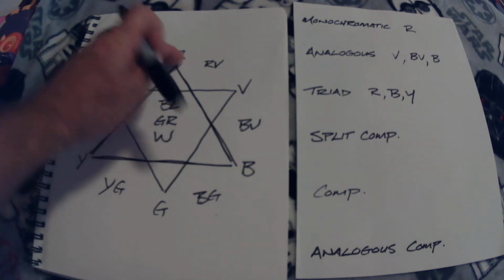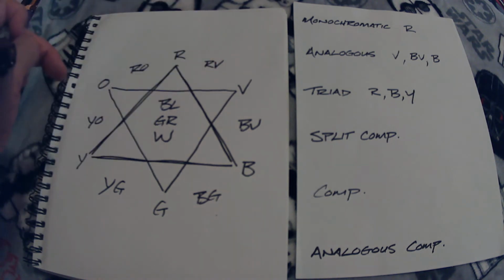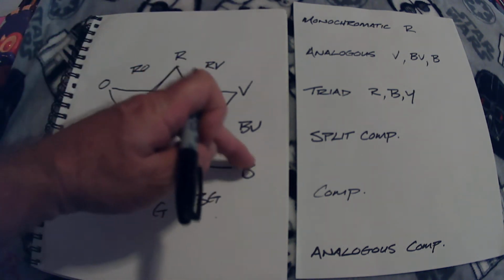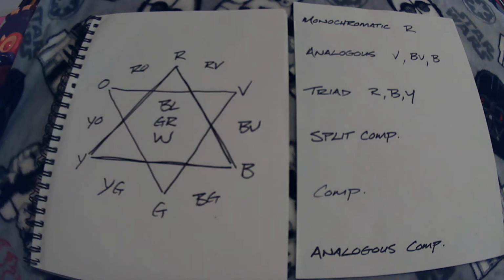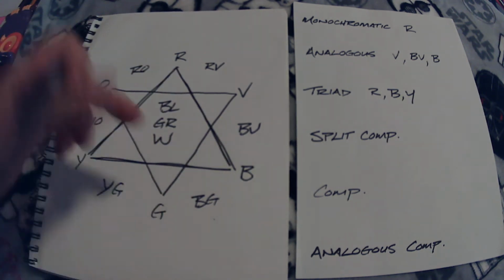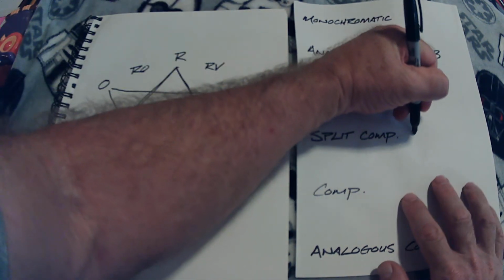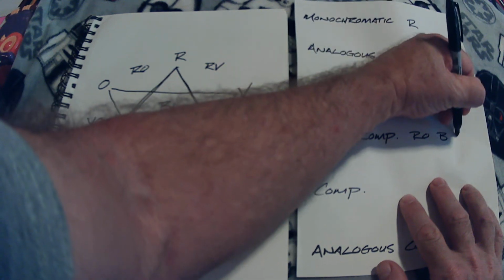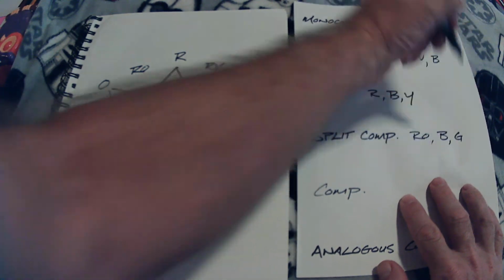Green, red-orange, red-violet. Red-orange, blue, and green. That works anywhere on the color wheel. So let's do the red-orange, blue, and green for our purposes.